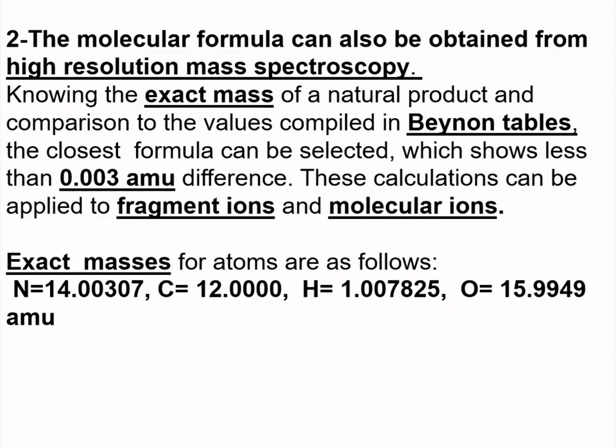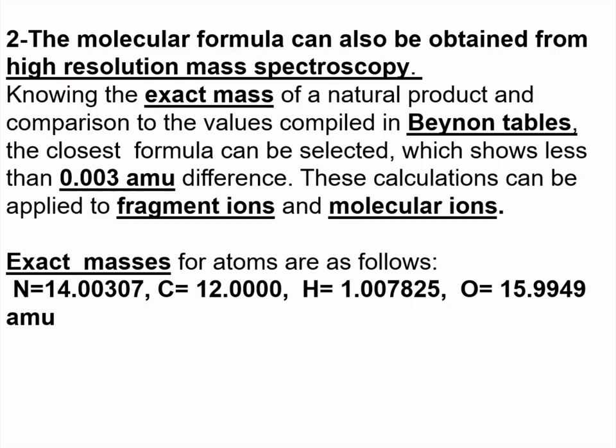Nitrogen, for example, has an exact mass of 14.00307, hydrogen 1.07825, oxygen 15.9949 atomic mass units. Therefore, the exact molecular weight has a decimal.